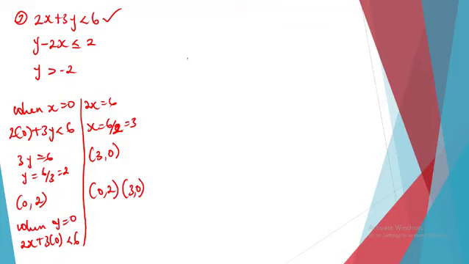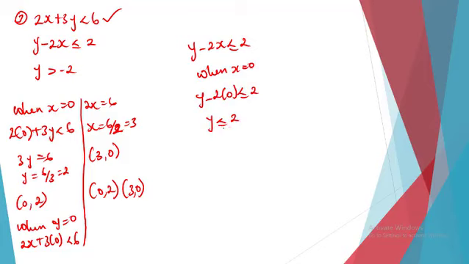Then for the second one, which is y minus 2x is less than or equal to 2. We'll start. When x is 0, then we'll have y minus 2 into 0 is less than or equal to 2, and then we'll have y being less than or equal to 2. So y is equal to 2, and the first coordinate is (0, 2).